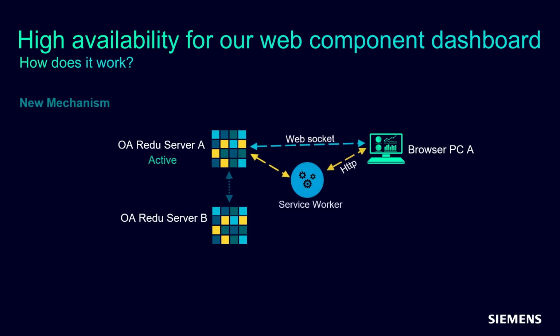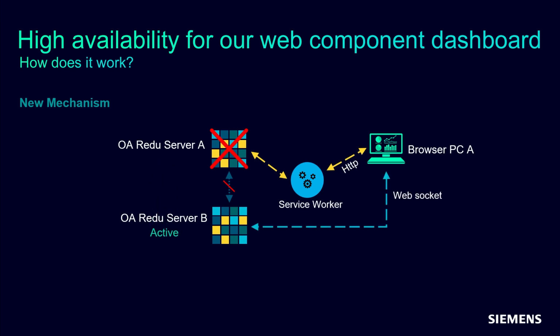With this high availability, we've now implemented a so-called service worker. This service worker is a standardized web-based component. And now this part takes care of the HTTP connection. So let's imagine again, server A is going down. B becomes active. The WebSocket again automatically switches to the server.